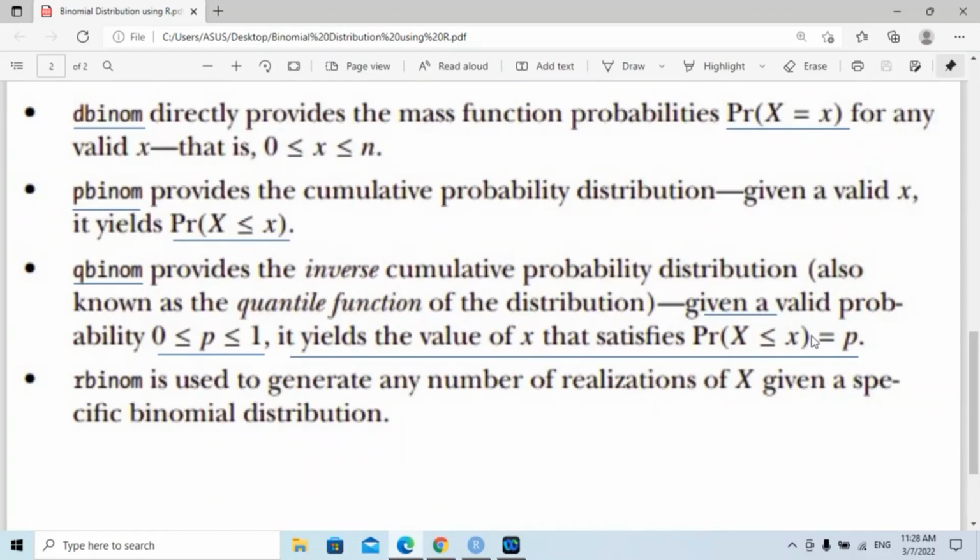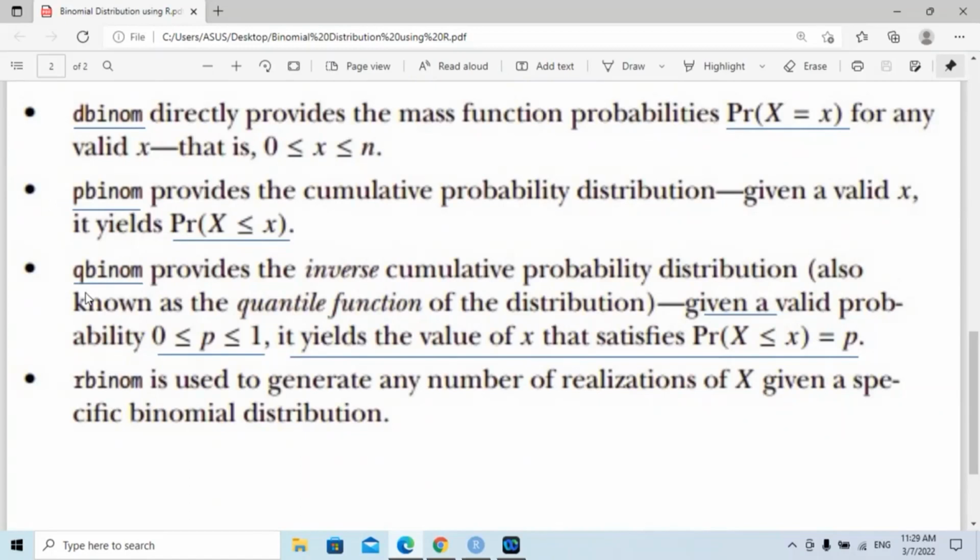It is used to generate any number of realizations of X from a specific binomial distribution. As of now, we are not much interested in the rbinom function, but dbinom, pbinom, and qbinom are the most interesting functions for us.